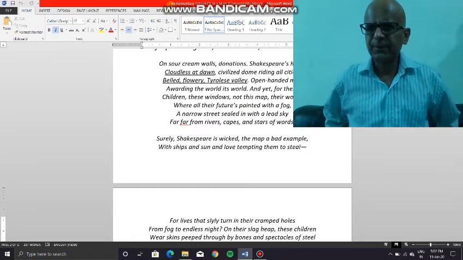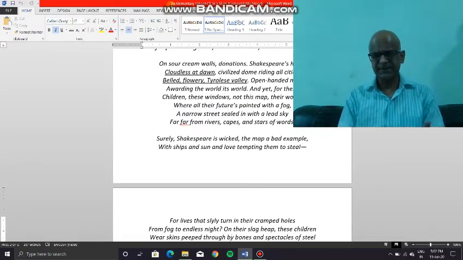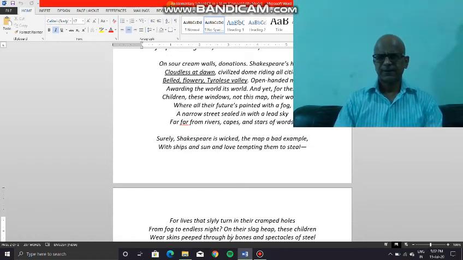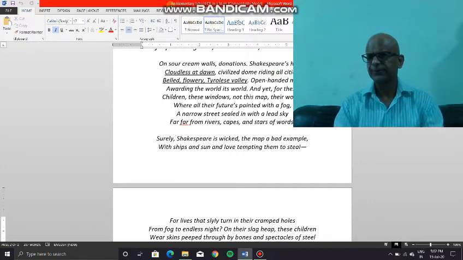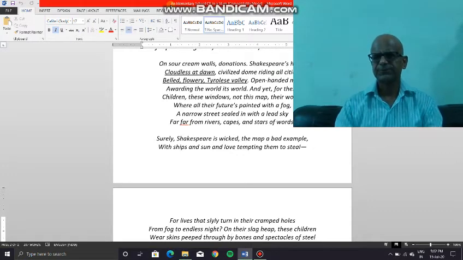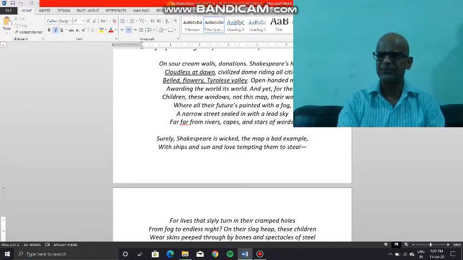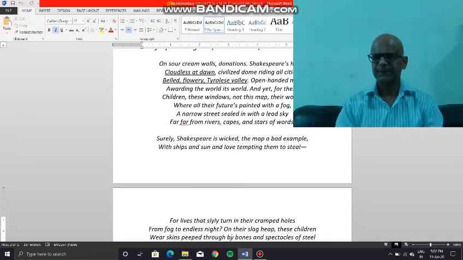And the map is a bad example because, now, this has to be understood in a little detail. The important thing for you to understand is that the map is a bad example because it does not, according to the poet, show slums, the place that these children lead their lives in. Therefore, these children will not be able to geographically locate themselves on this map. So it's a bad example.